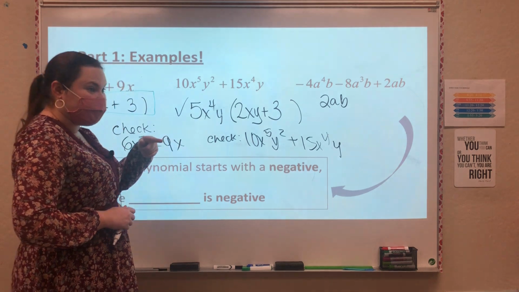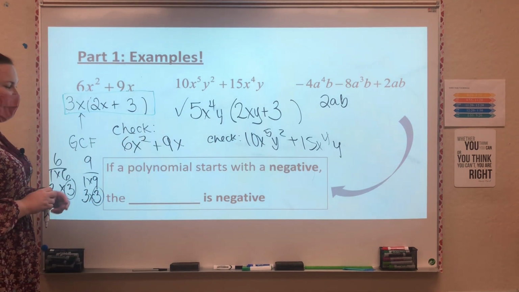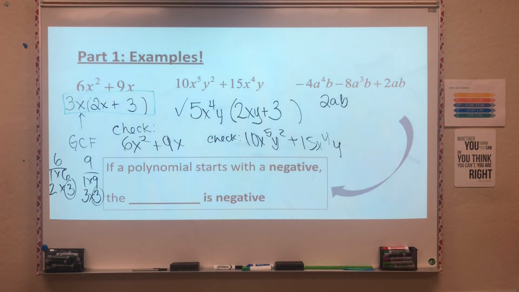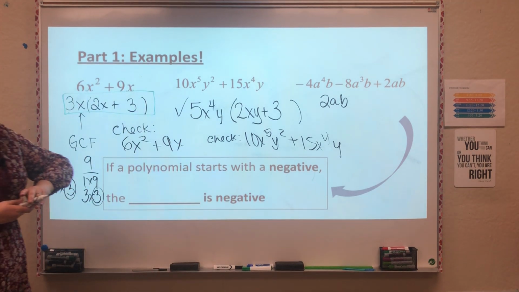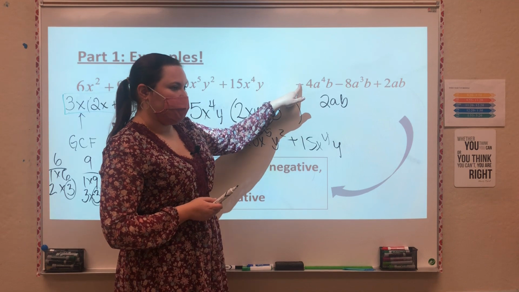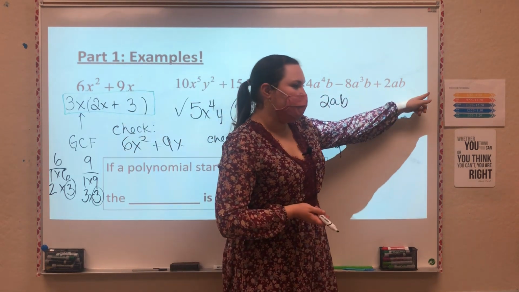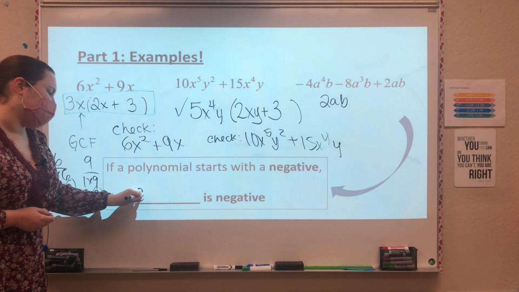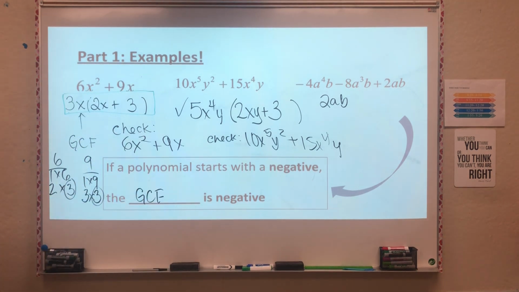Now you had noticed that there's negatives in it this time, and there is a rule that has something to do with negatives, so I'm glad you noticed that. The rule we're going to follow is if the polynomial starts with a negative term, not necessarily if they all have them, but if this first one here is negative, that means we are going to make the GCF negative.